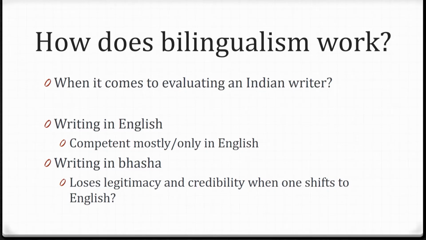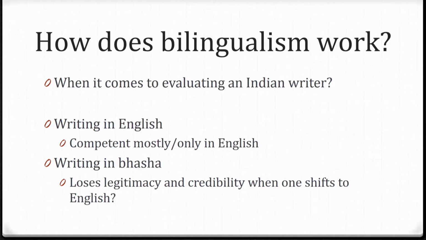And there is no question of the bilingual aspect coming into play in most of their cases, because their education, their background, their lived experiences all tell us a different story as far as their familiarity with the native languages is concerned. But on the other hand, one can think of a number of Bhasha writers who are competent in both languages.